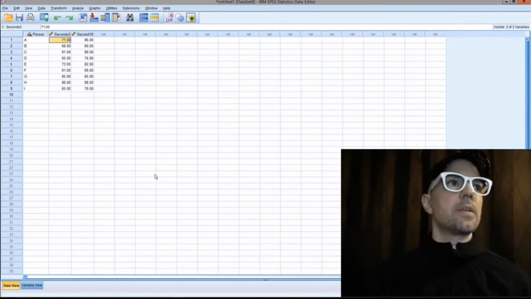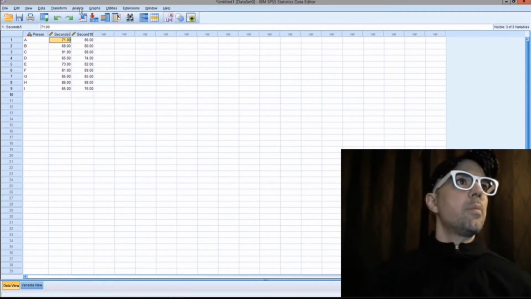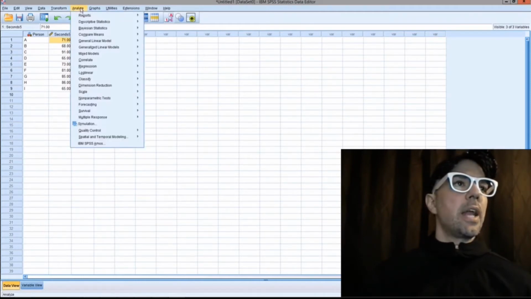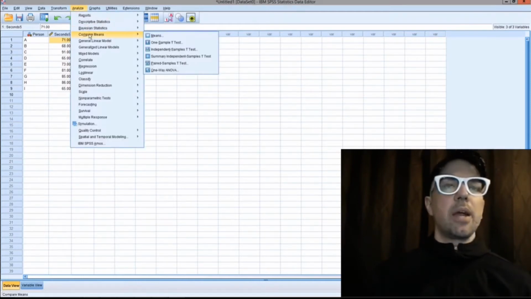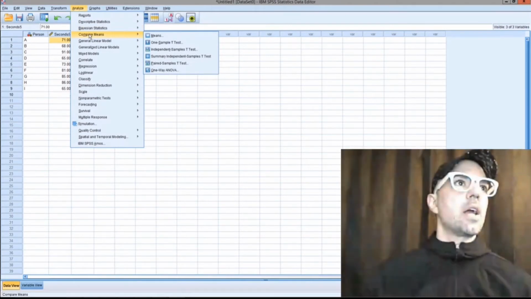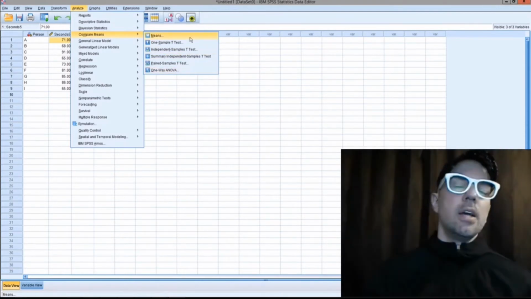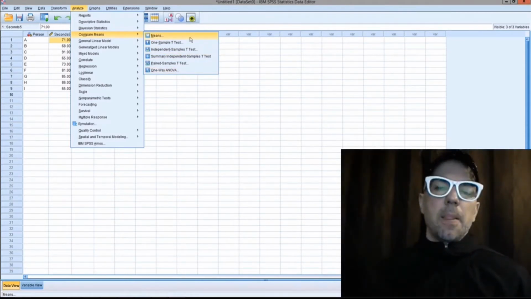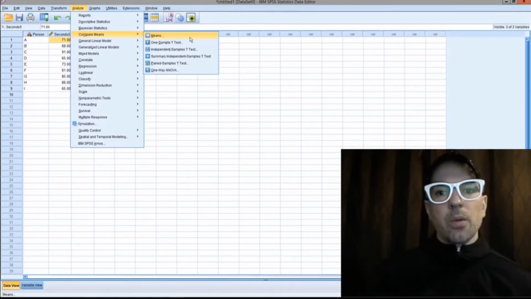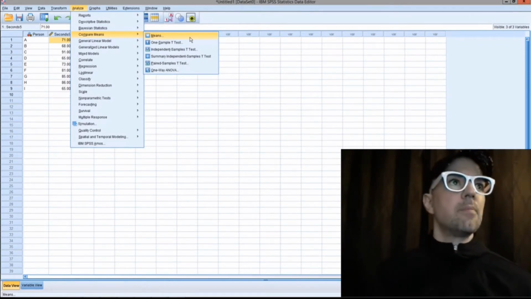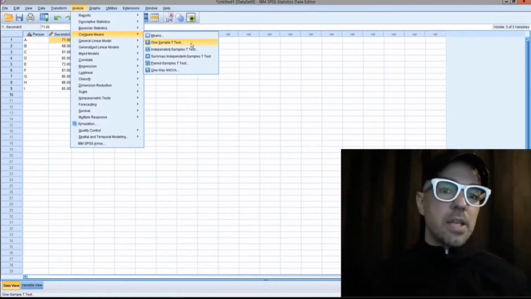To do the hypothesis test, once more we go up here to the menu to Analyze. And once we click on Analyze, we go down to Compare Means. And then once we click on Compare Means, we're looking for the correct t-test in this menu over here. Now, last time we did this, SPSS was very friendly. We were doing a single sample t-test, and SPSS had a one sample t-test.